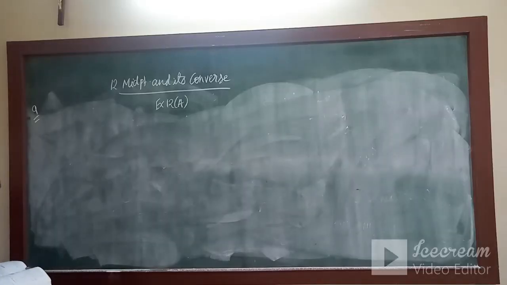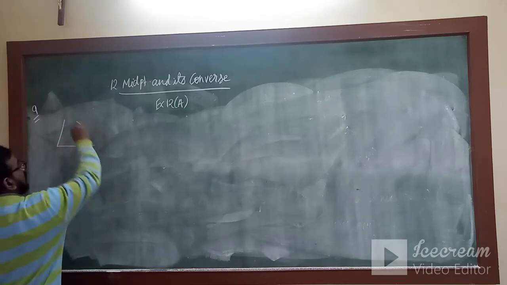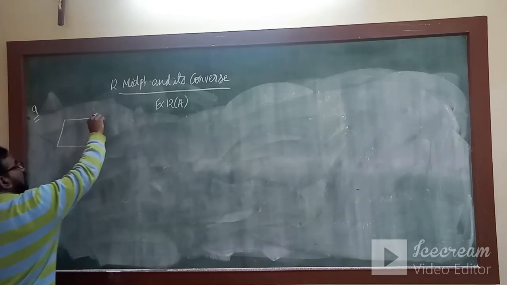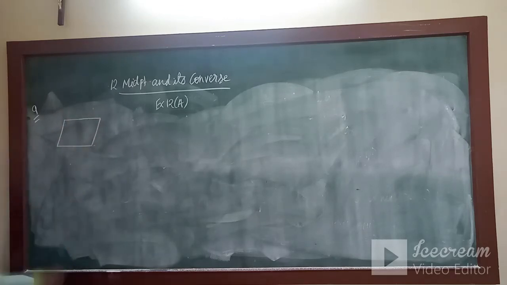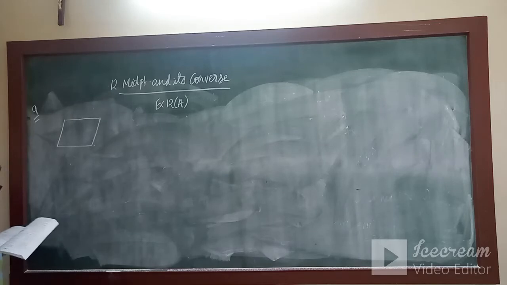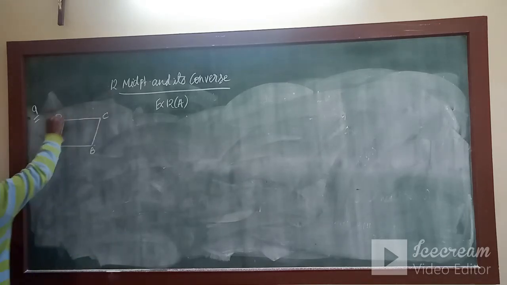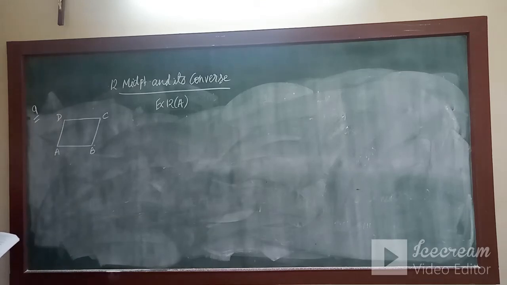Okay, let's see question number 9. A parallelogram ABCD. So this is ABCD. P is the midpoint of BC and Q is the point on AC such that CQ equal to 1 by 4 AC.